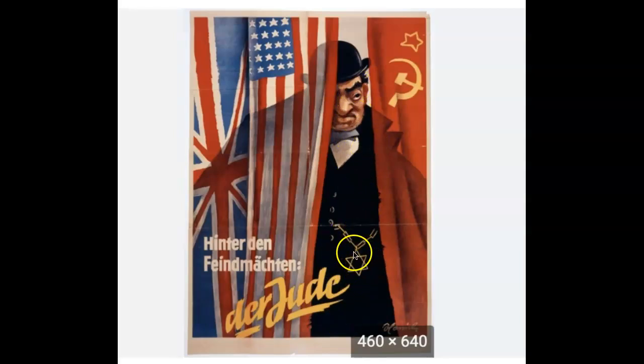We can tell because he's wearing the Star of David, and he's hiding behind these allied powers, the United States, Britain, and the Soviet Union, sneaking in behind, implying that Jews are out to get you, and that's why we should blame them for everything. This was a really intense propaganda campaign that Hitler enlisted.